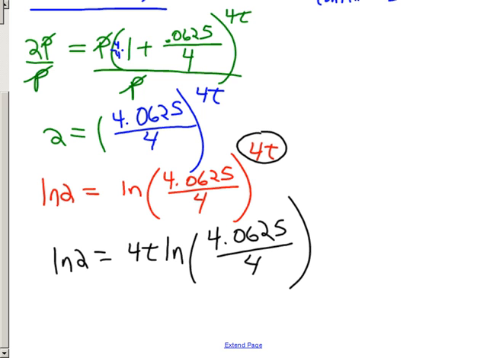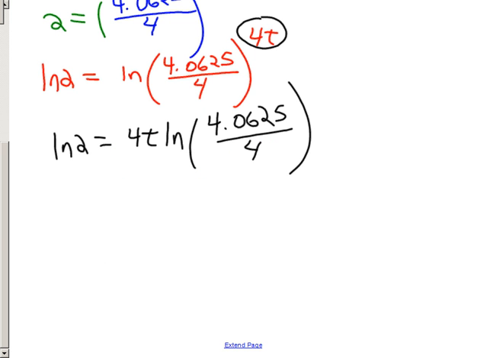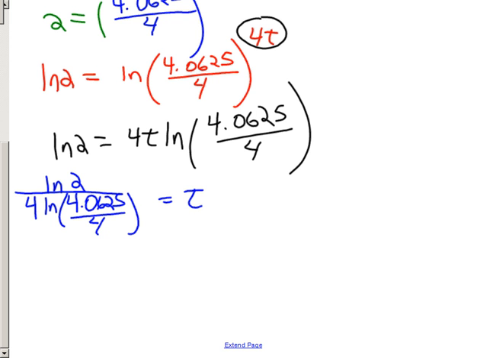And now essentially we have this variable t. We've got to divide everything else over to get it by itself. We have the natural log of 2 here, and it's going to be divided by 4 times the natural log of 4.0625 over 4.